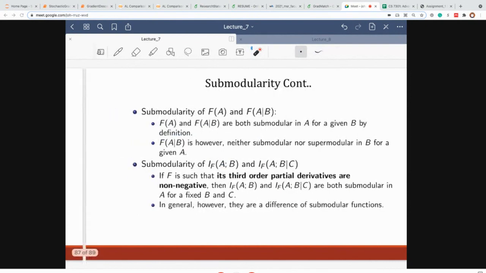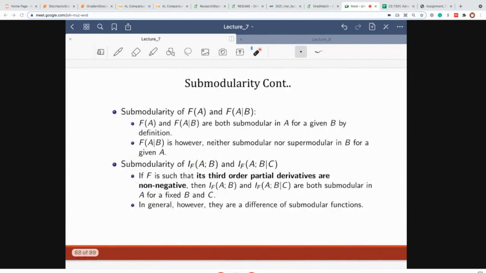For this subclass of functions, both of these are submodular in A for a fixed B and C. In general, I_f of A comma B is not submodular in A for a fixed B. But if this property holds, which is the third order partial derivative being non-negative, then it is submodular, and in general it is a difference of submodular functions.